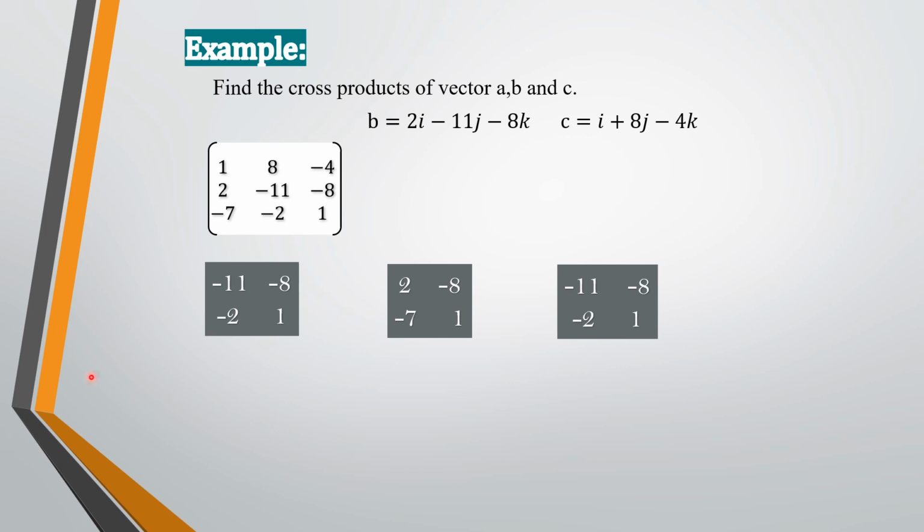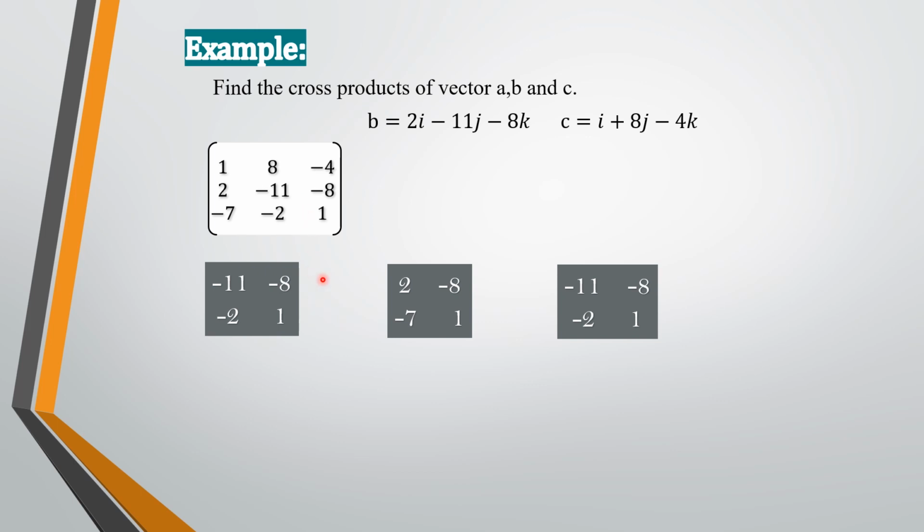Find the cross product of vectors B and C, where B is 2i minus 11j minus 8k, and C is 1i plus 8j minus 4k.